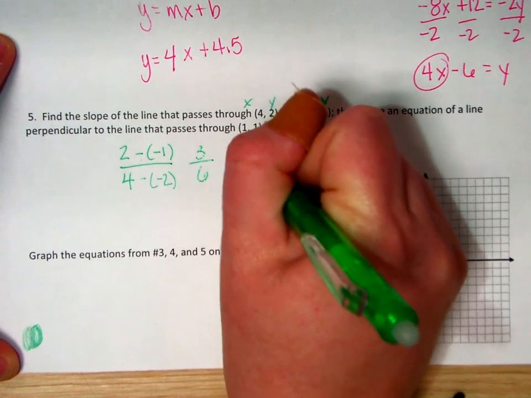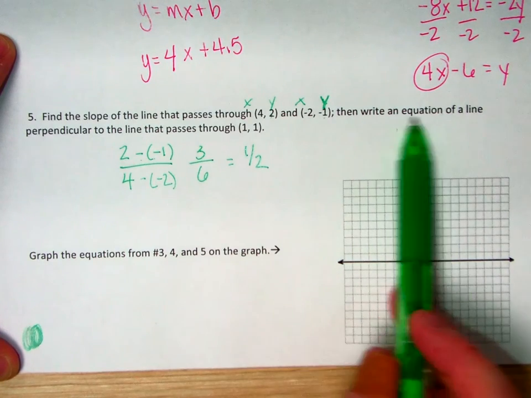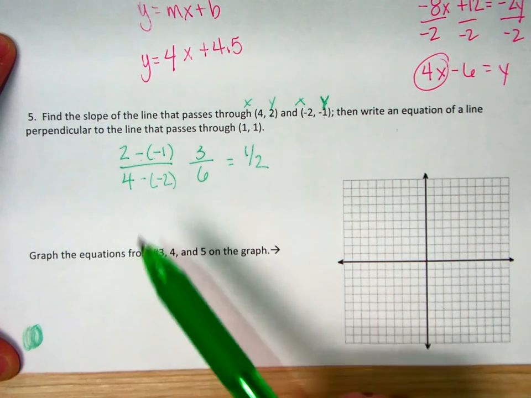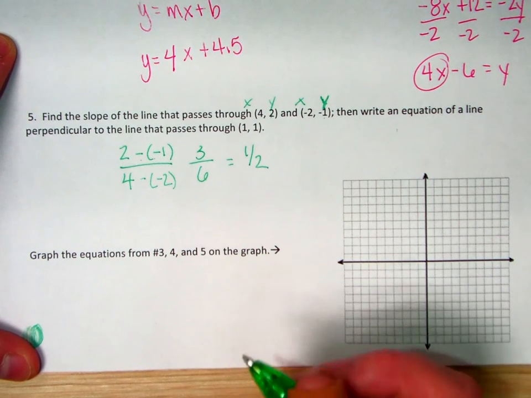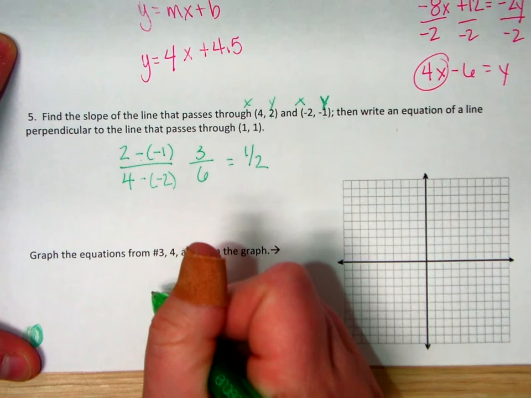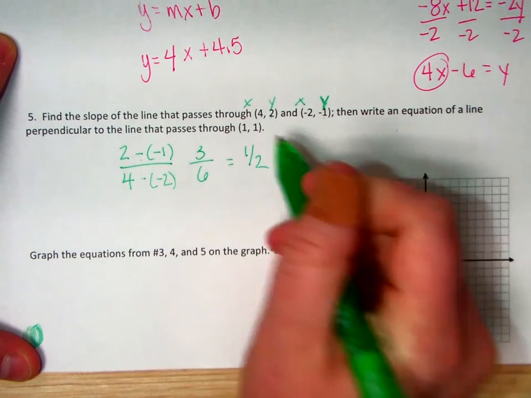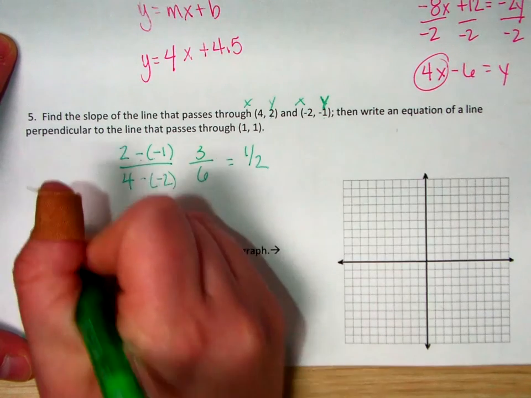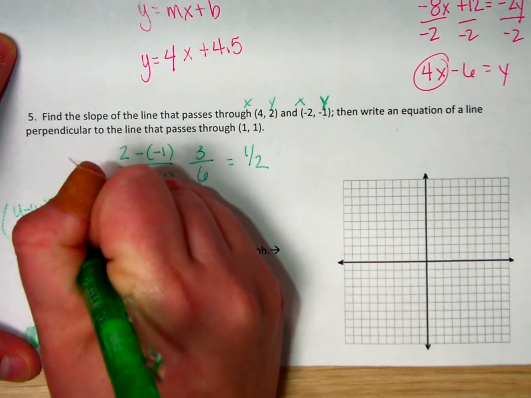Okay? So it says just write the equation of a line perpendicular. I'm going to use point-slope form because it doesn't tell me which form it needs to be in. I'm going to pick the point 1, 1. So it's y minus y1 equals m times x minus x1.